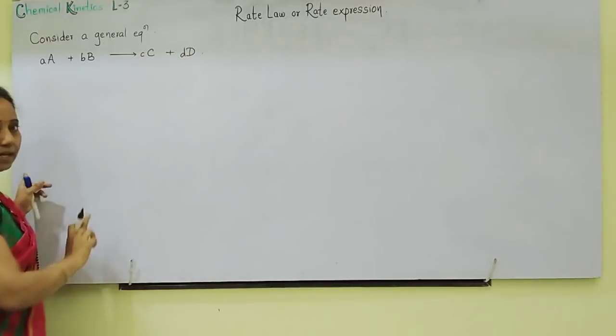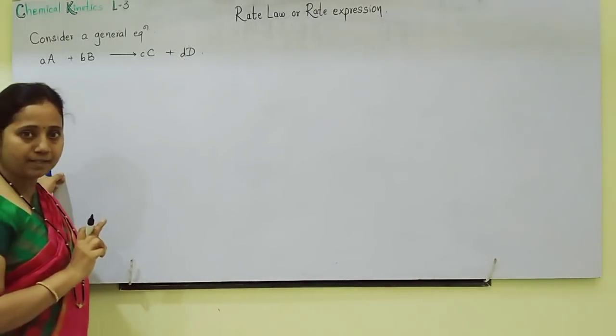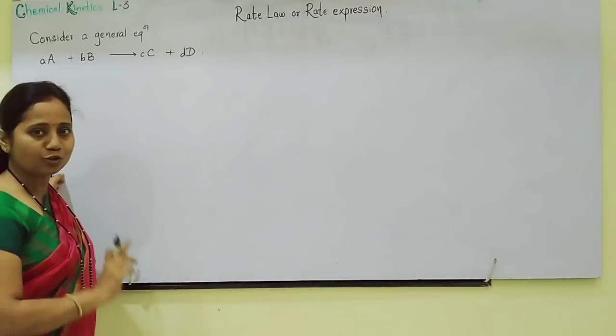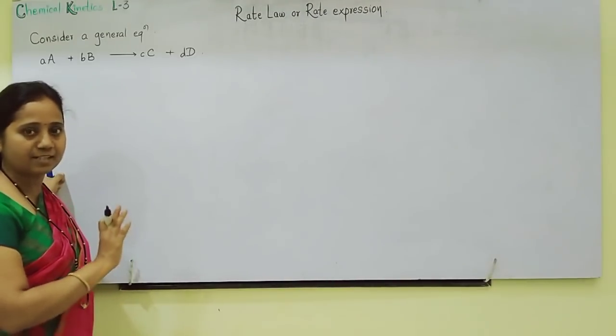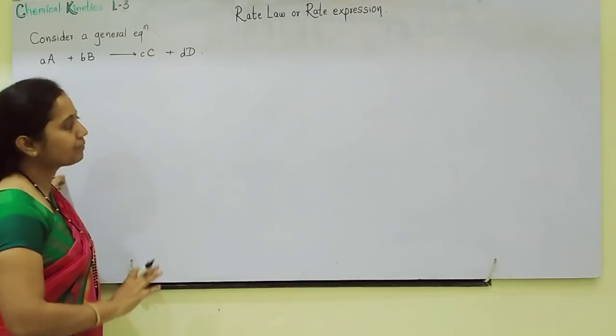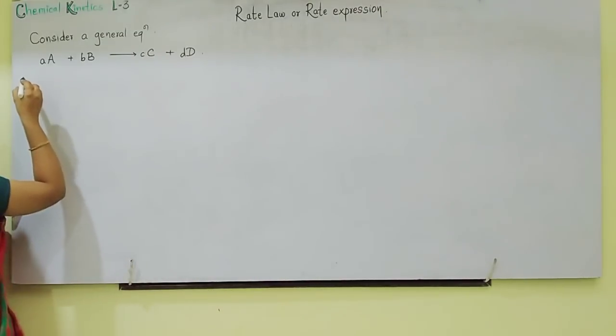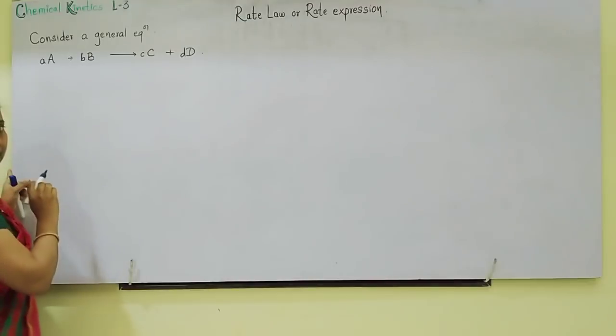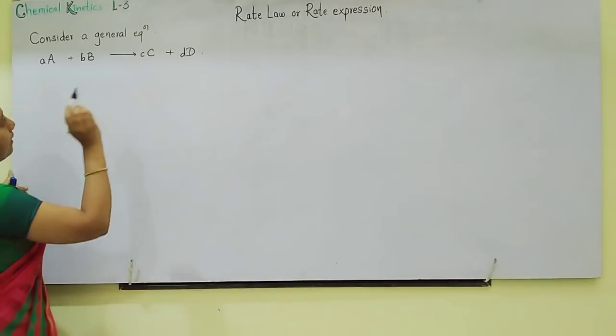So capital A and B are reactants, capital C and D are products, and small a, b, c, d are stoichiometric coefficients of reactants and products respectively. Now, for this general equation, how to write rate?